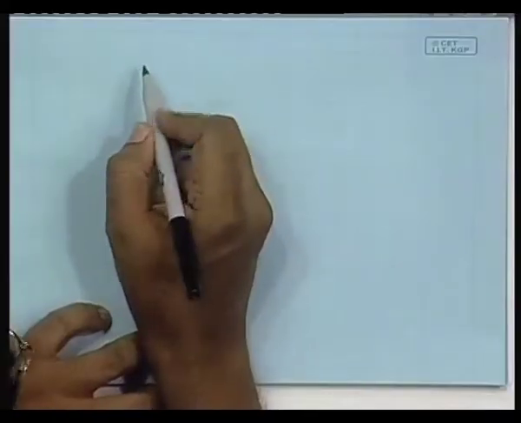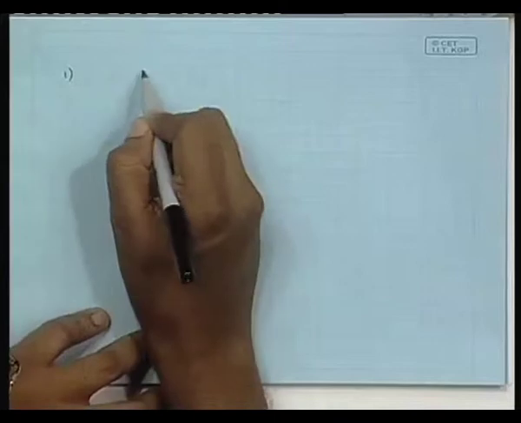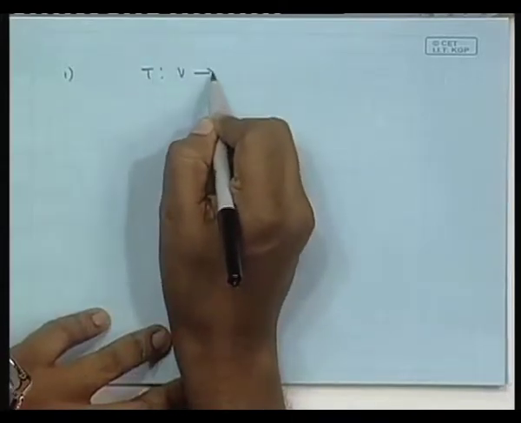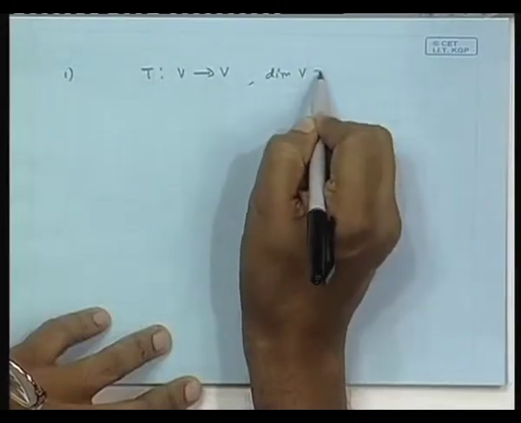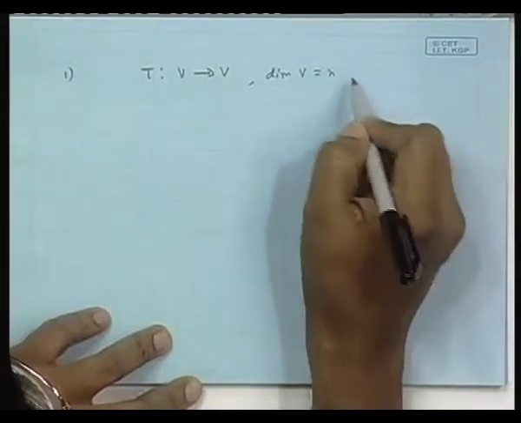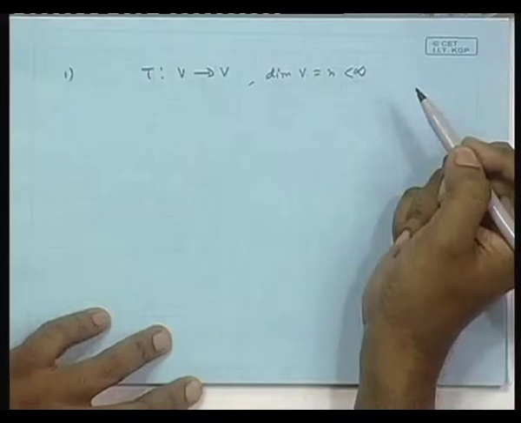Considering what we discussed in the last class, let's sum up. First, we have seen that suppose it is given that T is a linear operator mapping V to V, and the dimension of V is given to be some finite integer n less than infinity.